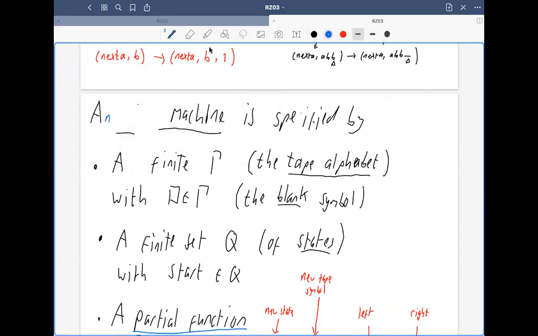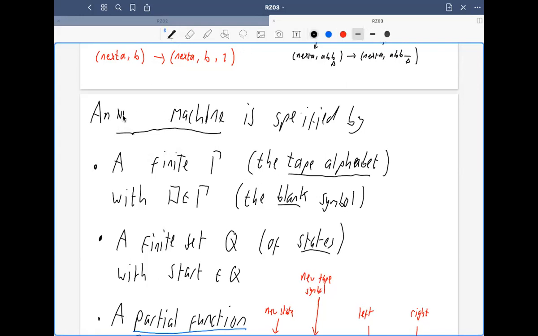I want that to be black. A non-deterministic Turing machine. I hope you can see that; maybe I'll write it a bit clearer.